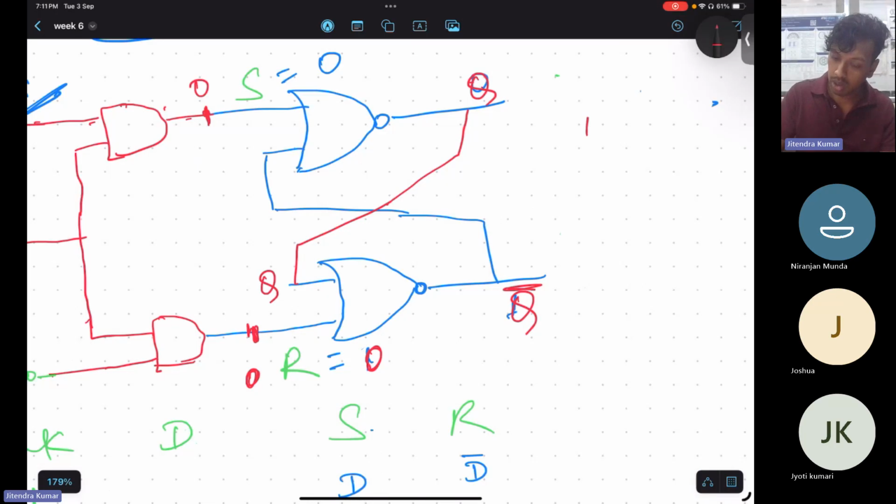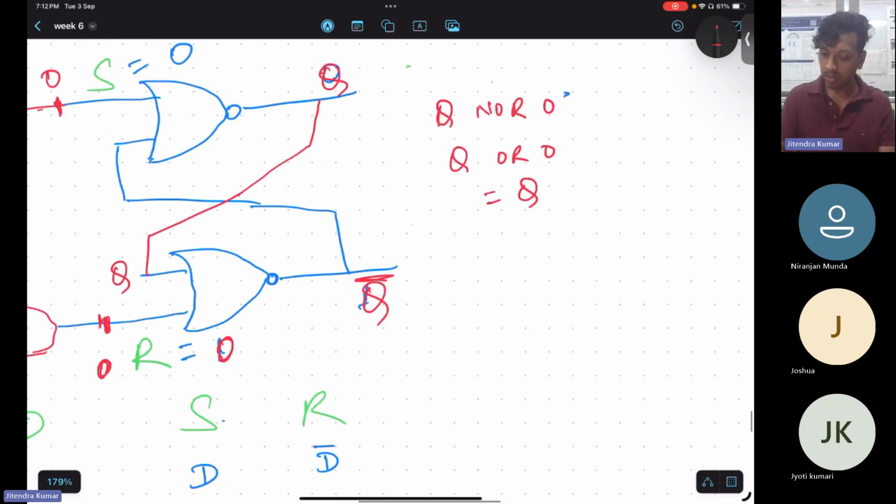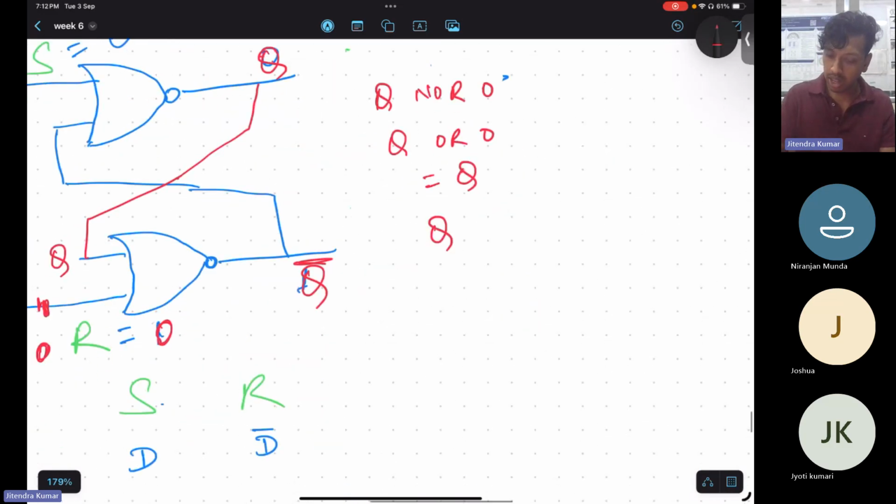So Q OR 0 will be equal to Q, and Q NOR 0 is equal to Q bar. Why am I writing Q OR 0 is equal to Q?